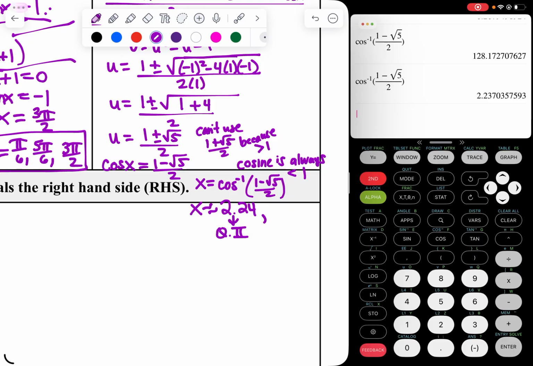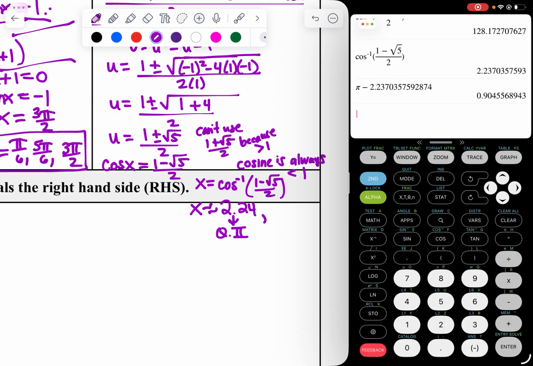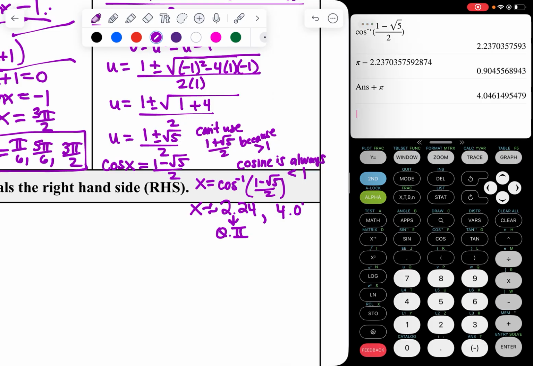So first of all, pi minus this will get us our reference angle that we then need to add on to pi to get our second angle down in quadrant 3. So if it was 2.237 in quadrant 2, what I knew was that in quadrant 2, our reference angle is pi minus that. So I took pi and I subtracted that to see what the reference angle was. And then to put it down in quadrant 3, I do that plus pi.